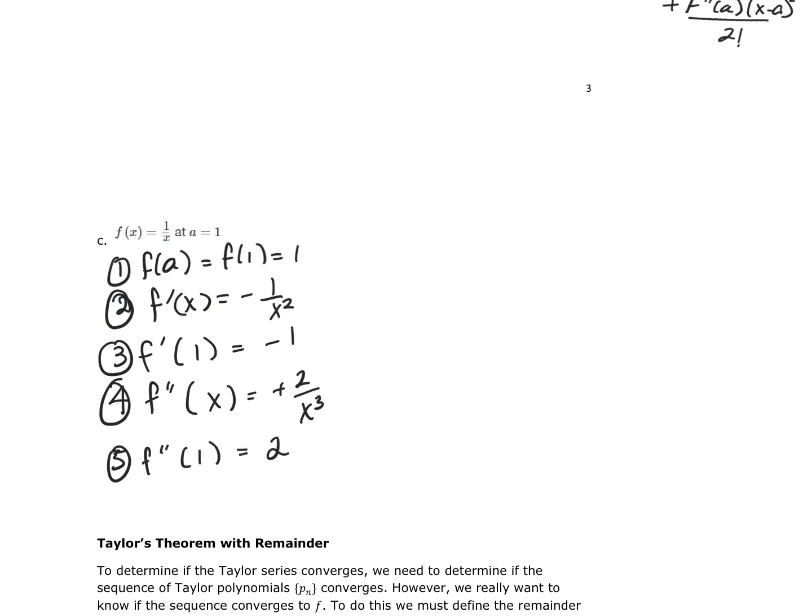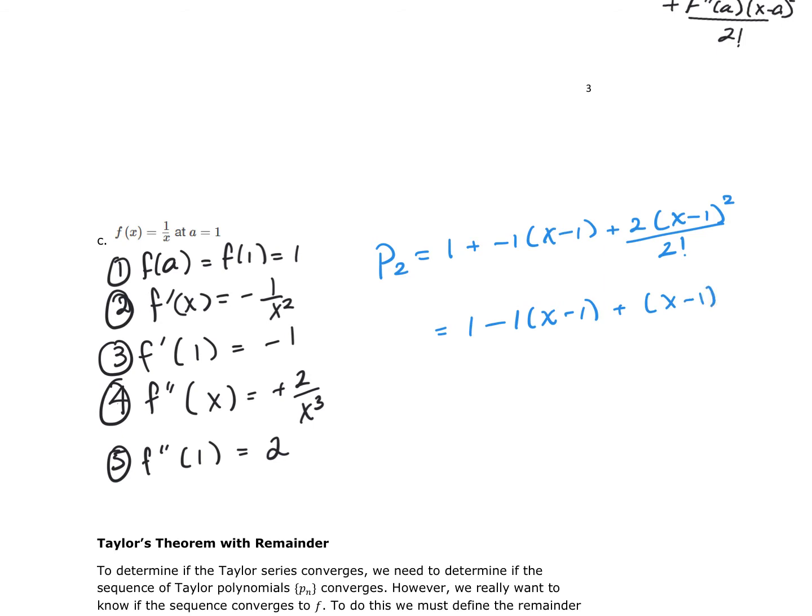So my p of 2 is going to give me 1 plus negative 1 times (x minus 1), and then plus 2 times (x minus 1) squared, over 2 factorial, which is just going to give me 1 minus 1 (x minus 1), I don't know why I switched it to a plus, and then plus the (x minus 1) squared.